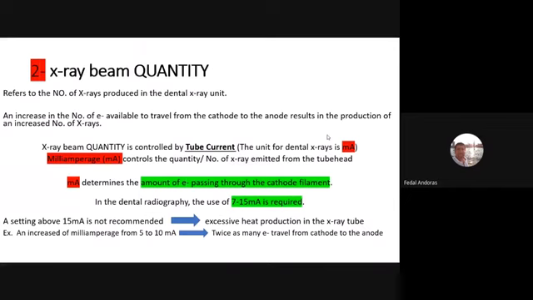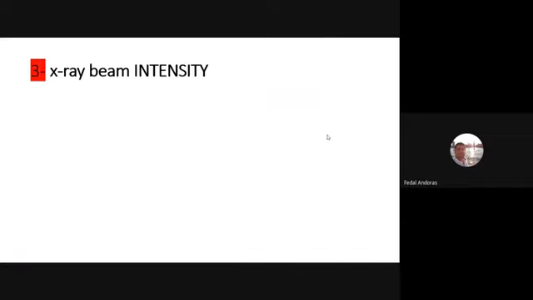The quantity is governed by mA or current, and the number of electrons traveling from cathode to anode will be increased. And again, we have to reach an agreement to set these parameters in order to get a good radiograph. No more than required, no less than it.